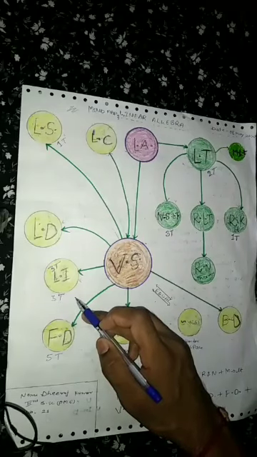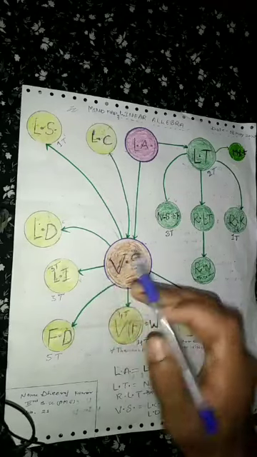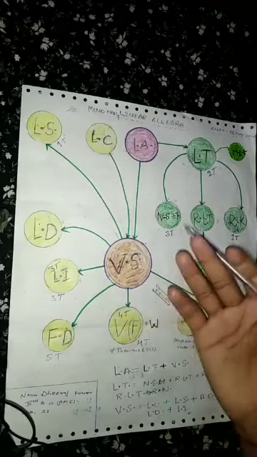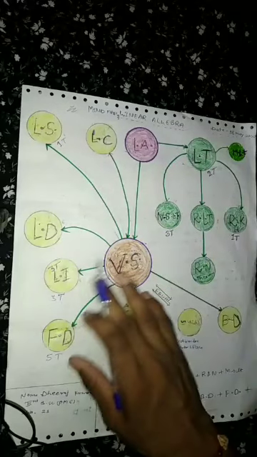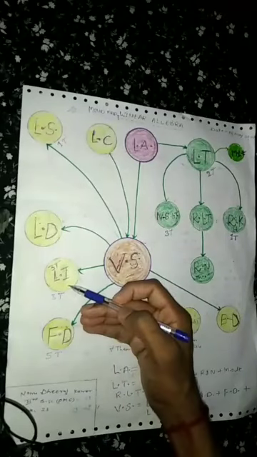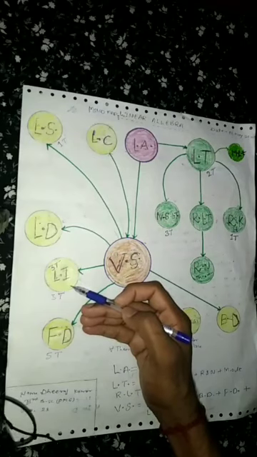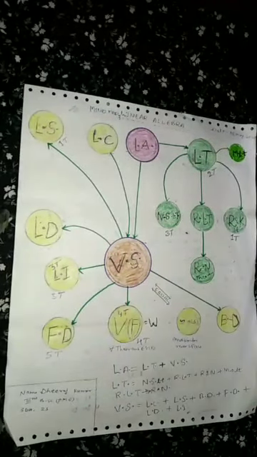Then only it is linearly independent, otherwise it is linearly dependent. The difference is that in linear dependence, not all should be 0, maybe some values will be 0, but in linear independence every scalar will be 0, then only it is linearly independent, otherwise it is linearly dependent. So we'll see the linear independence.